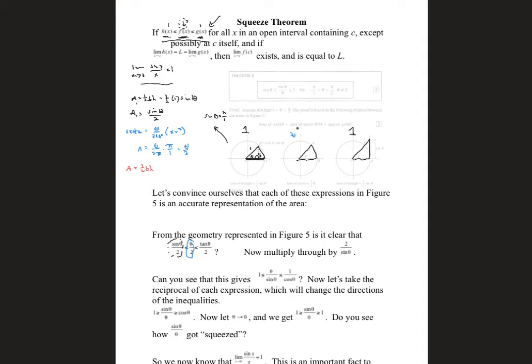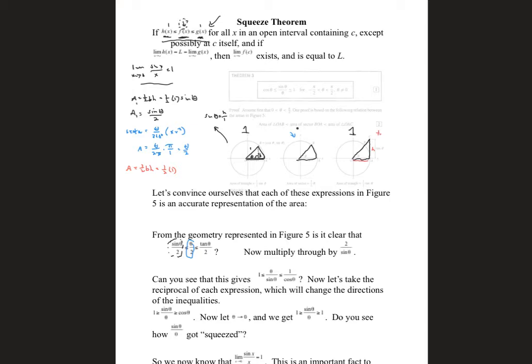Now its base is again going to be this length right here, which, because that's a circle of radius 1, is going to be 1. Now the height, which is this distance right here, we can see from our right triangle, we can again use SOHCAHTOA. And so we can use a tangent.